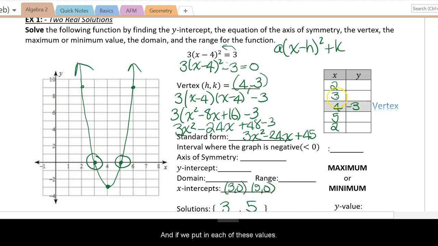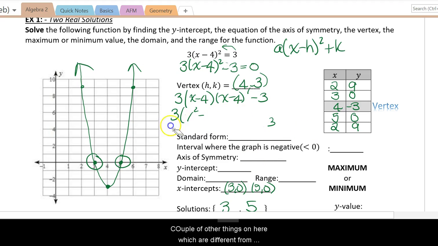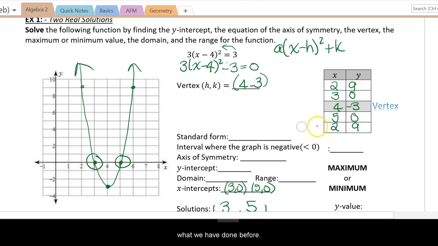And then if we put in each of these values into the equation, we will have 9 and 0, and then 0 and 9, and that's how we know our vertex is correct. Okay, a couple other things on here which are different from what we've done before.